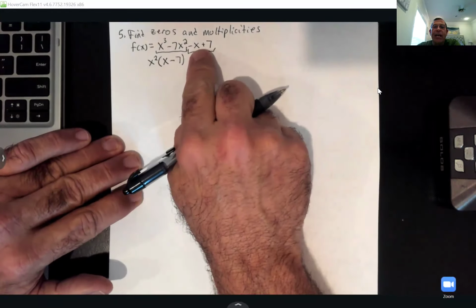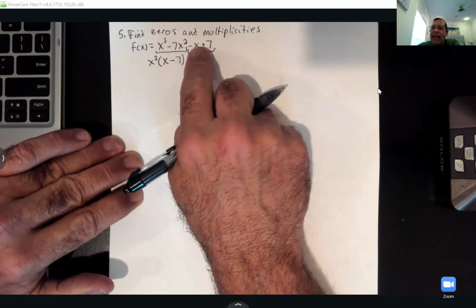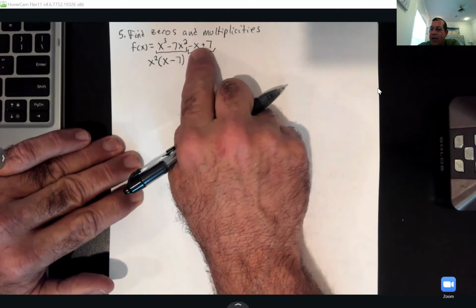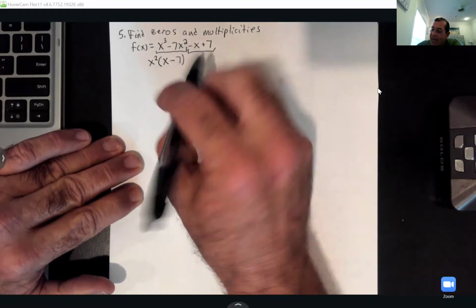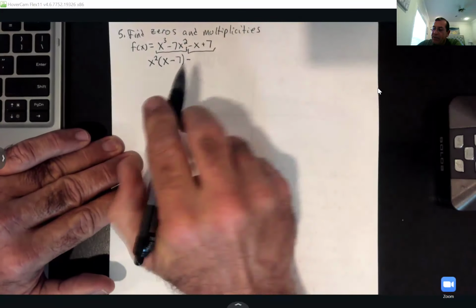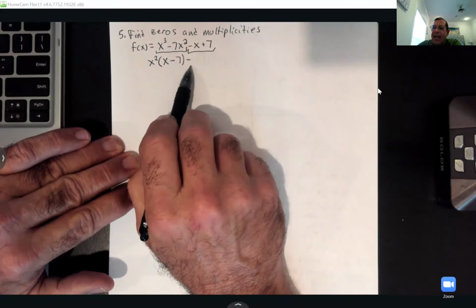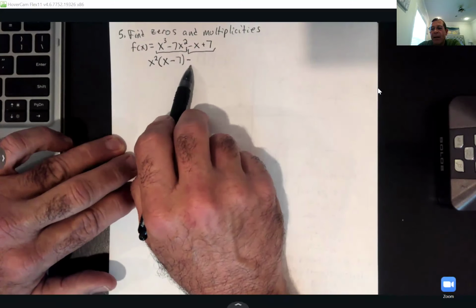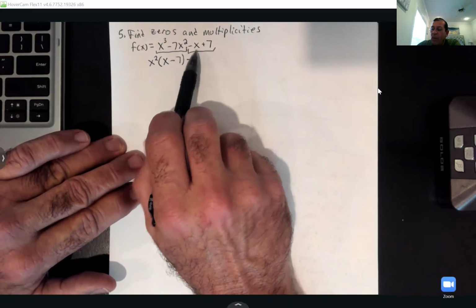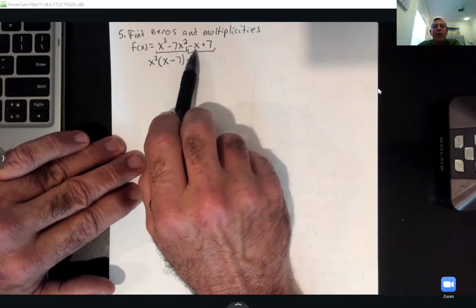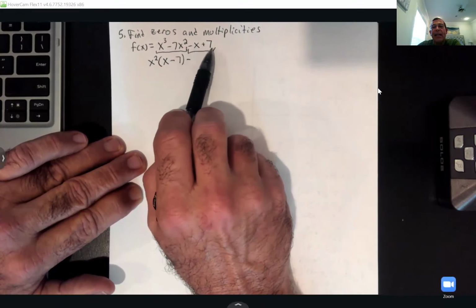Now, the second GCF always has the same sign as that third term. Well, that x is negative, so automatically your second GCF is negative no matter what. All right, so how about this one? What's the greatest common factor you can pull out of an x and a 7?